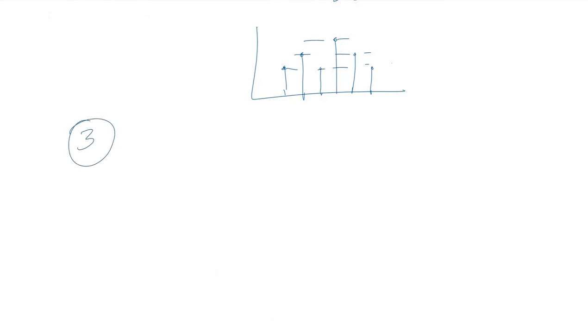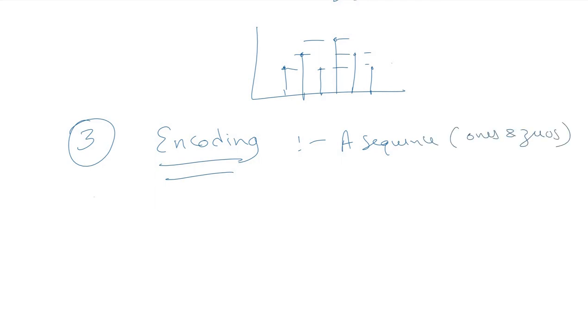The third step is encoding. This is the final step. That is, a sequence of bits, 1 and 0, is assigned to different outputs of the quantizer. By encoding we mean that a sequence of ones and zeros is assigned to different outputs of the quantizer.